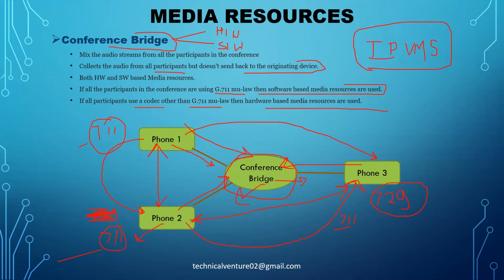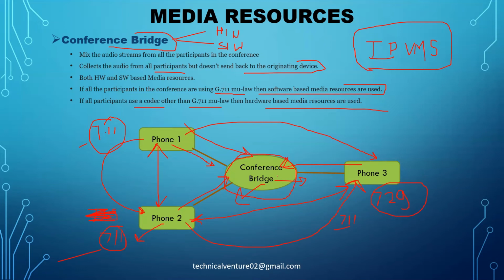Let's say phone 1 is able to negotiate G729, but phone 2 doesn't have this media capability. Once the conference bridge is invoked after pressing the conference, the conference bridge is also capable of negotiating codecs, so it can do the work of transcoding as well.